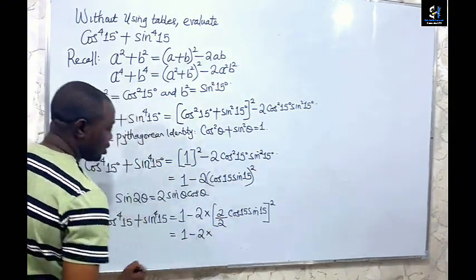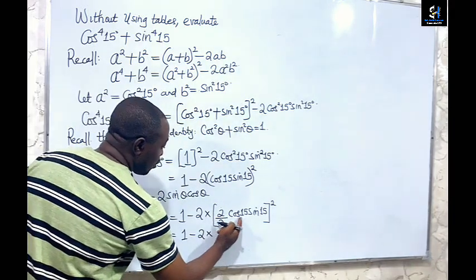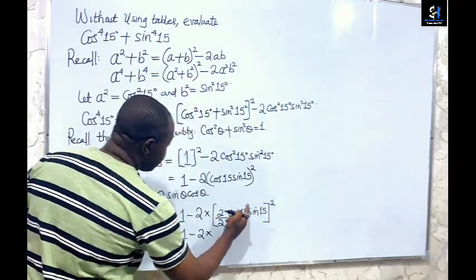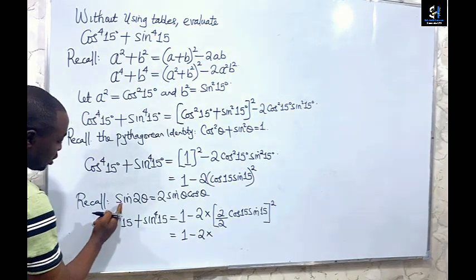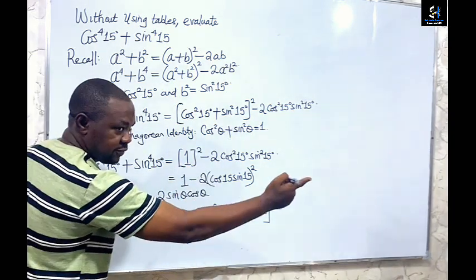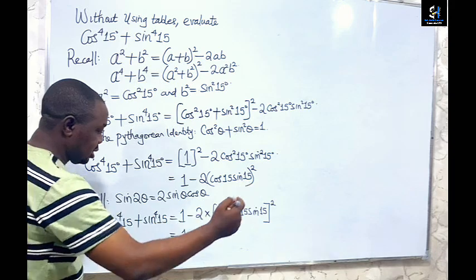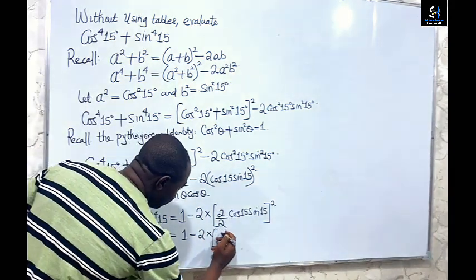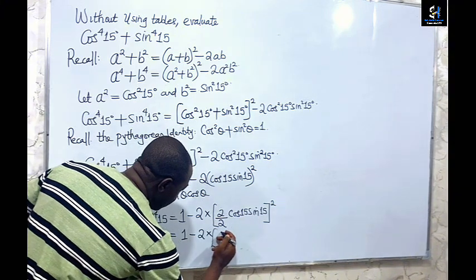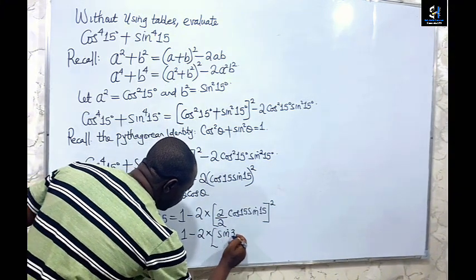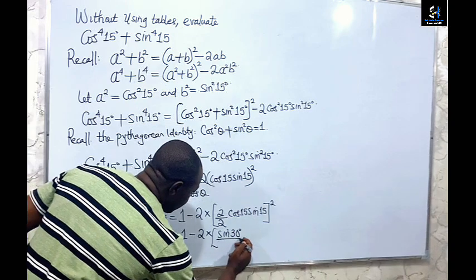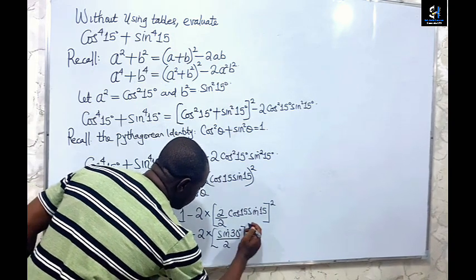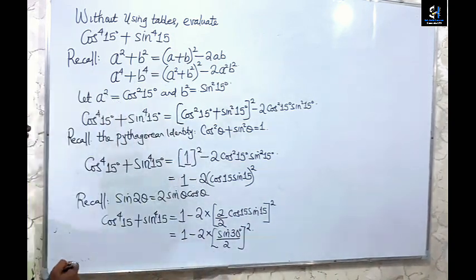So this will be 1 minus 2 multiplied by, now 2 cos 15 degrees sine 15 degrees will be equal to sine 2 times 15 degrees, and that will be 30. So this is going to be sine 30 degrees over 2, then raised to the power of 2.